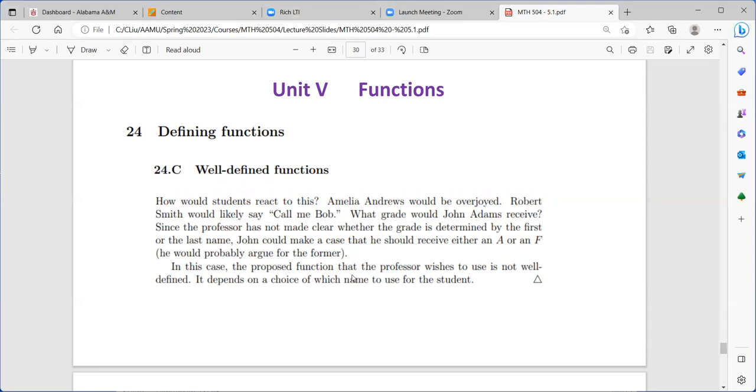In this case, the proposed function that the professor wishes to use is not well defined, and it depends on the choice of which name to use for the student. Okay, so that's another example.